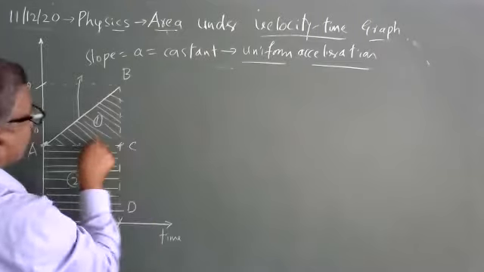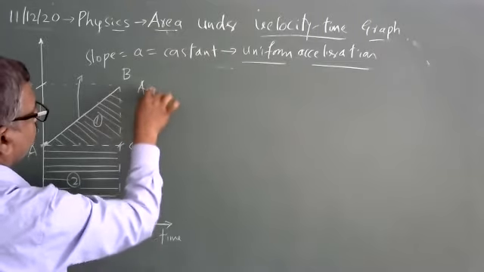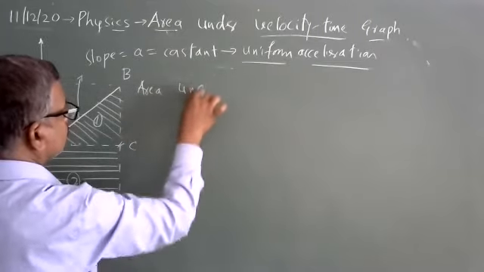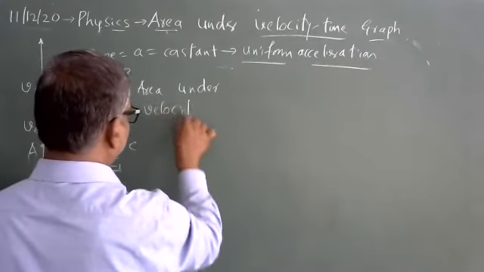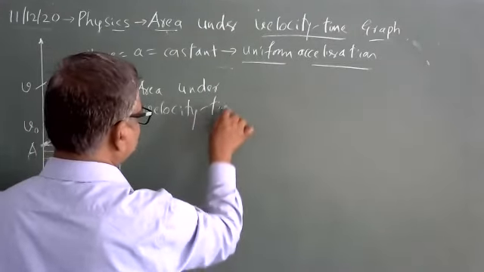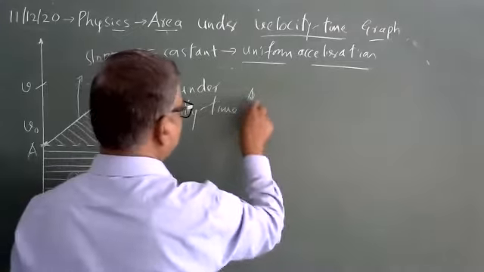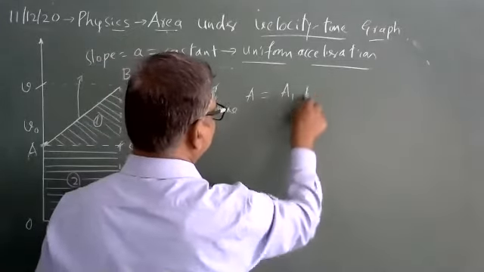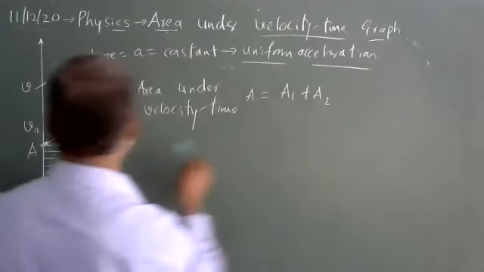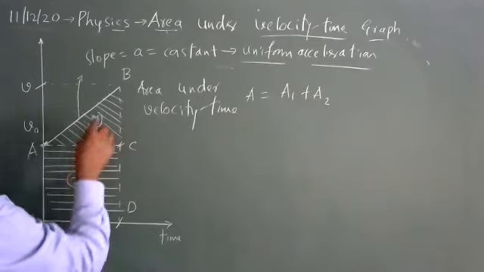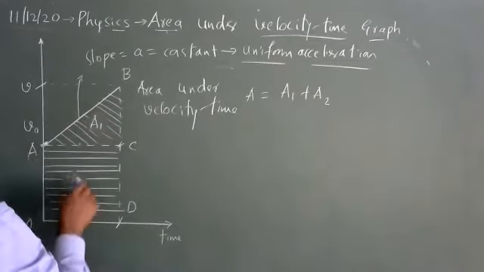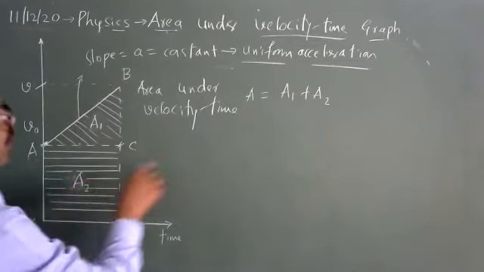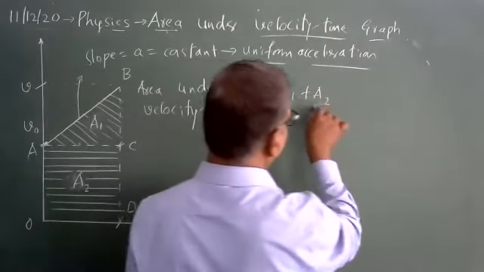So let me start: area under the velocity time graph, A, is equal to A1 plus A2. Call it A1, call it A2. A1 is the area of a triangle, A2 is the area of a rectangle.